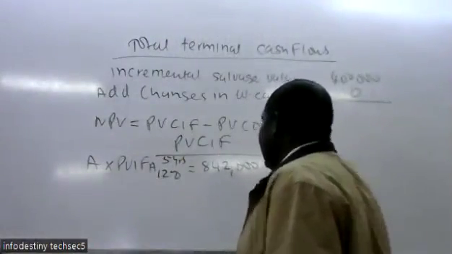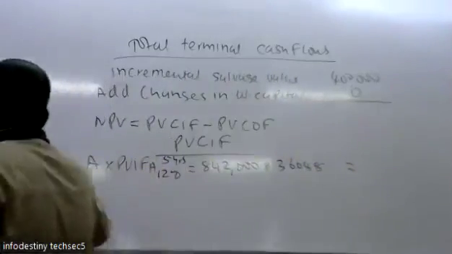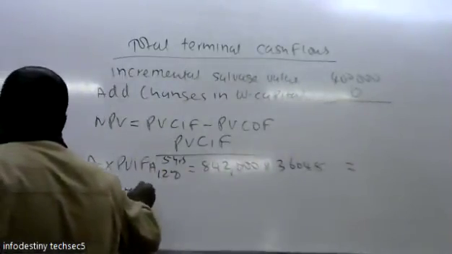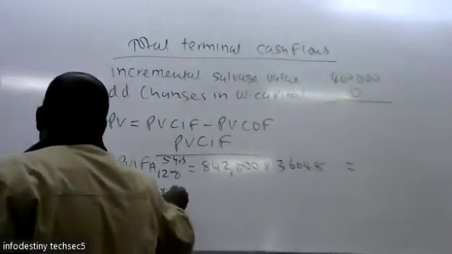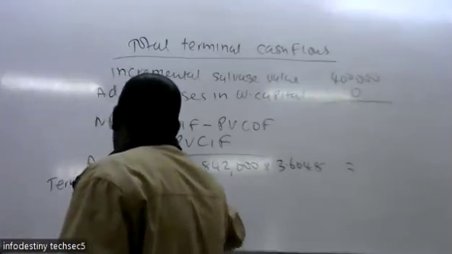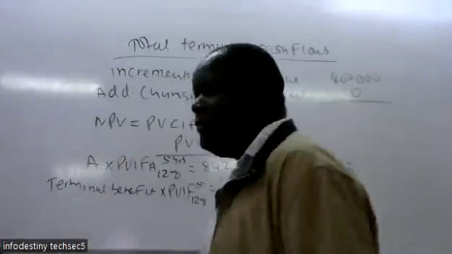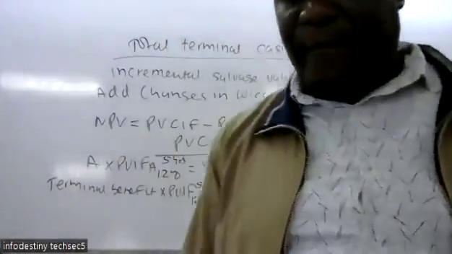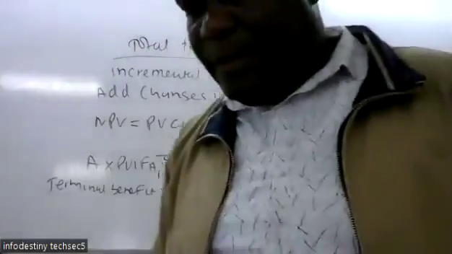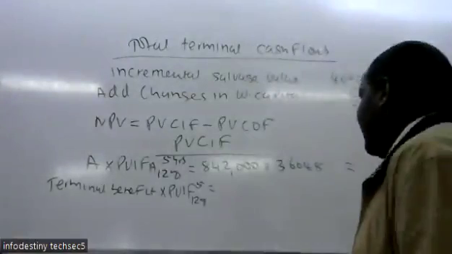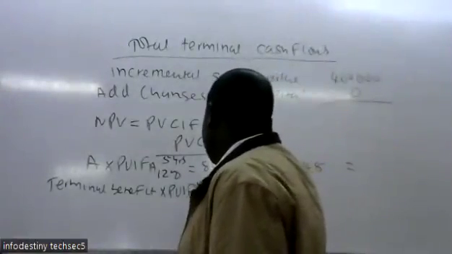Then also the terminal benefits. For this one, we use the first table, 12% in year 5. So it will be 400,000.